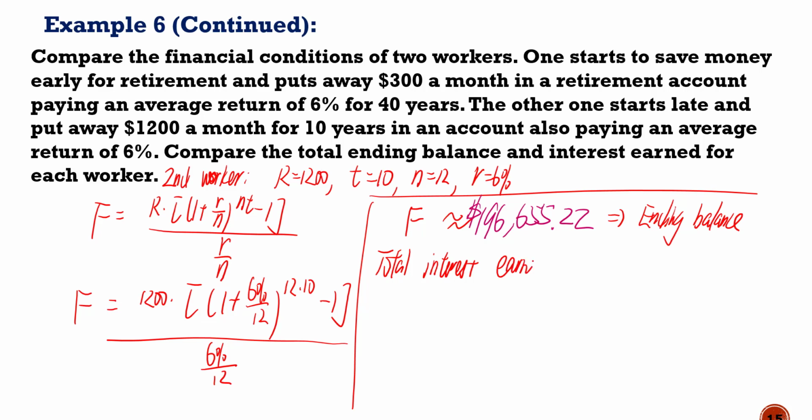Total interest earned is the ending balance minus the contributions, $1,200 times 120 payments over the life of the retirement account. As you can see, it's very little interest here.